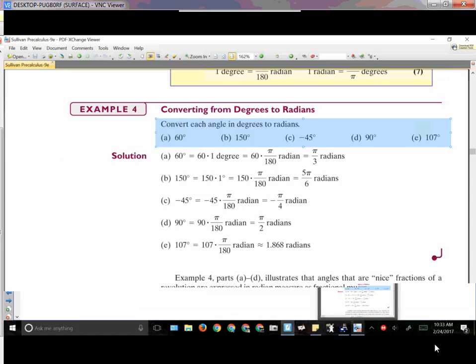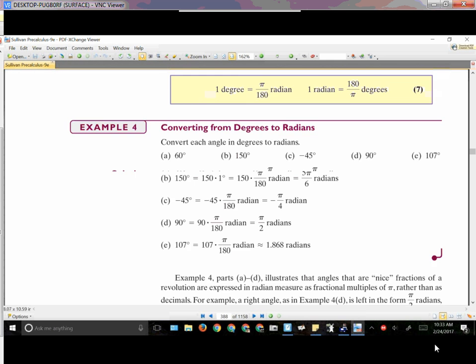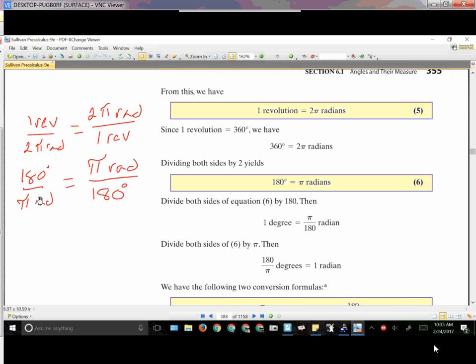So, if I go back to what I had written down here, which one of these unit multipliers would I want to use? Would I want to use the first one, or the second one? Well, I'd use the second one because then that would cancel off the degree measure.